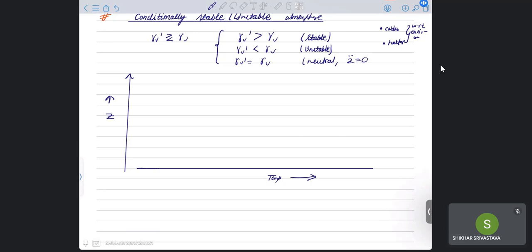Now we know that gamma V is always given, but gamma V dash can be gamma D if the parcel is unsaturated, because this prime means the lapse rate of parcel.